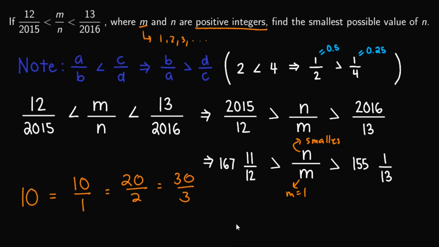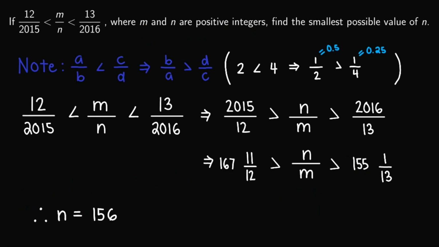So let's clear this one out. If m is equal to 1, what is the smallest possible value of n that we could take here? Well, since we have 155 here, after 155, the next is 156. So therefore, at m equals 1, the smallest possible value for n in this inequality is n equals 156.